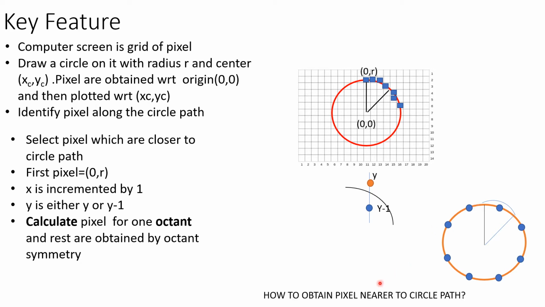The question that next arises, which we need to work upon, is how to obtain pixels which are nearer to the circle path. For that, the Bresenham circle drawing algorithm uses a decision parameter based on the distance of the pixel from the circle path.